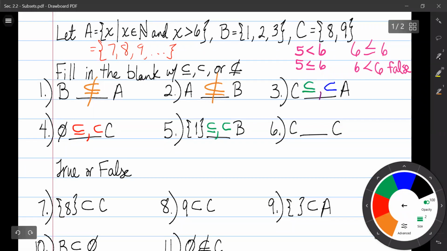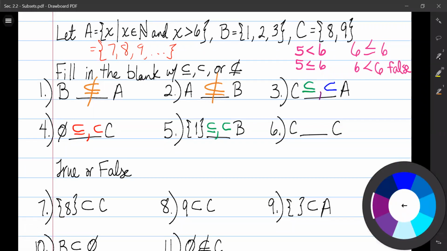And is C a subset of C? Yes, but it's not a proper subset because it's equal. Okay, true or false?